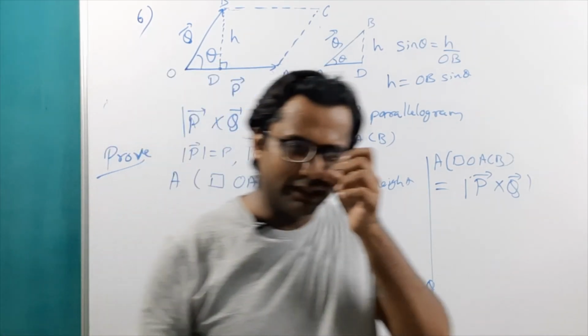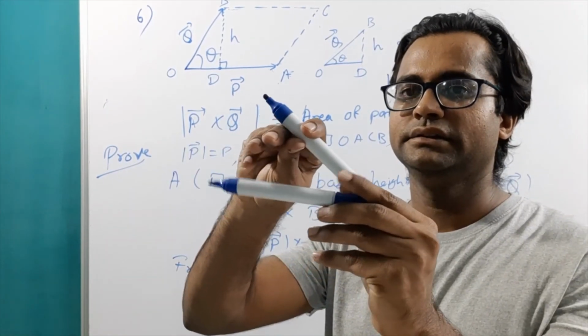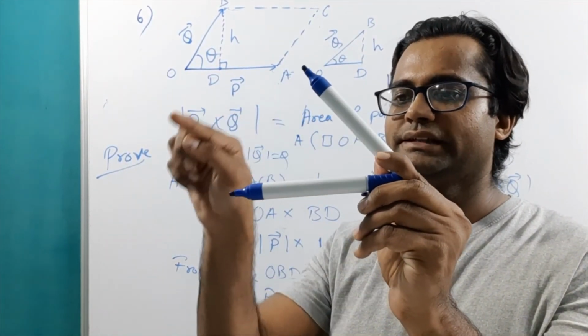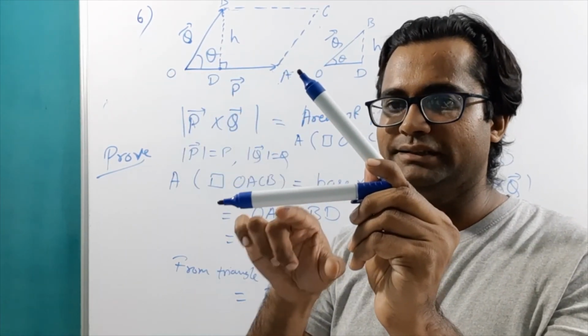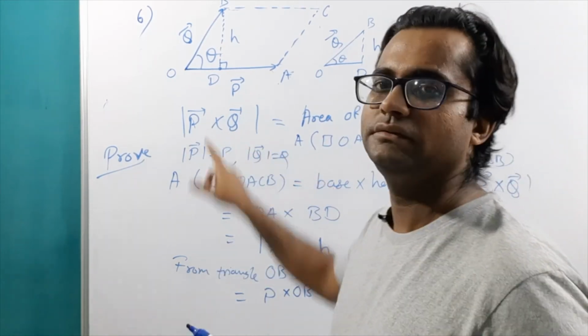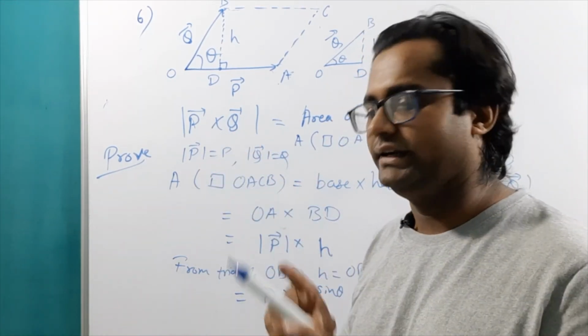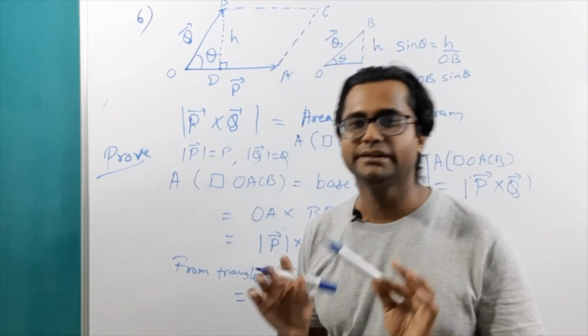So if we have two vectors like this, and if we say that these two vectors are part of a parallelogram, imagine the parallelogram, then the area of that parallelogram can be represented by the magnitude of the cross product of these two vectors. And from this we can say that area is a vector quantity.